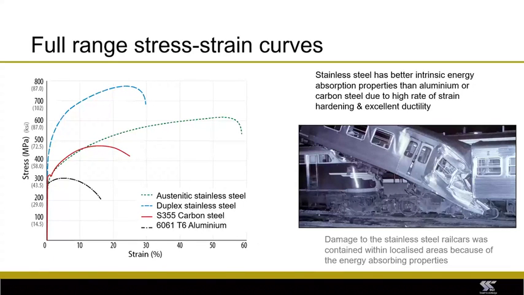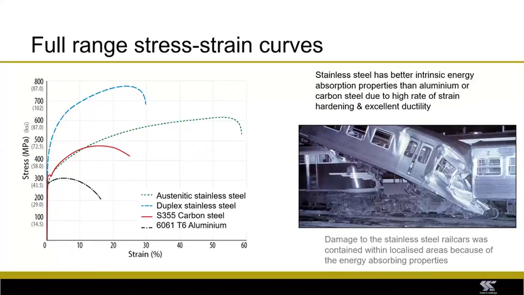These curves are the full range stress strain curves of stainless steel and carbon steel, and you can see that austenitic stainless steel is much more ductile than carbon steel, and it also shows greater toughness, which is compared to the area under the stress strain curve.